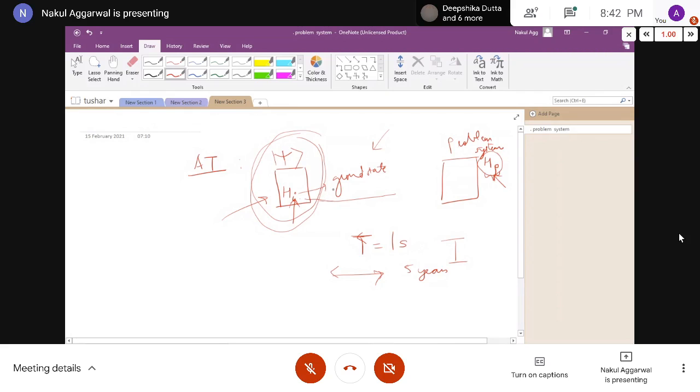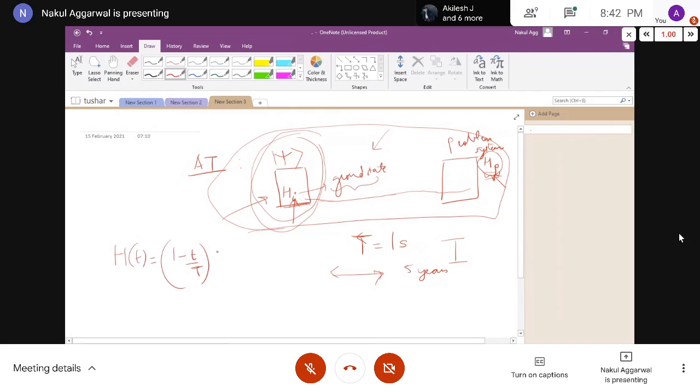So when you do that, and you are starting in the ground state of this initially prepared system, and I will write the Hamiltonian for this entire process, you will end up in the ground state of the problem Hamiltonian. So we write the Hamiltonian of the entire system as H of t equals (1 minus t by capital T) HI plus (t by capital T) HP.